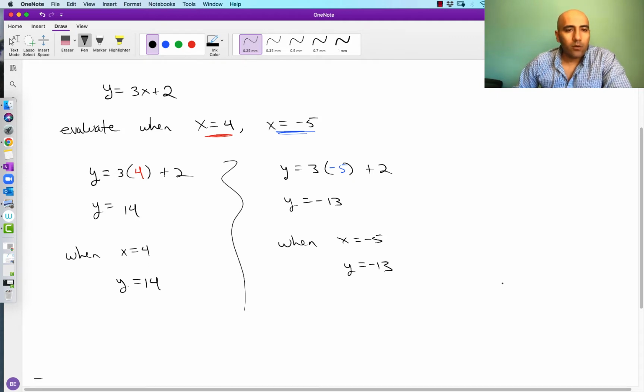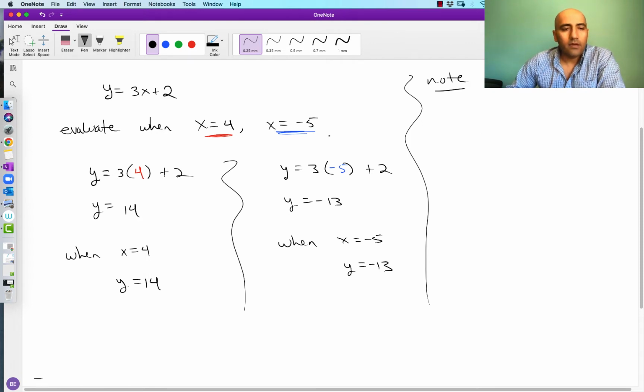Okay. Well, we have a similar thing when we have an additional variable now. Actually, I should say, note that we could have more than one instance of the variable x. So we could have an equation like this: y equals x plus 3 divided by x minus 2, for instance.